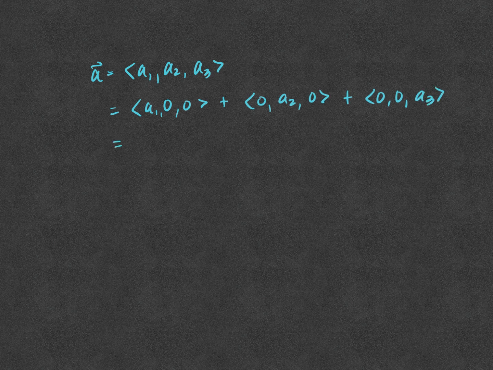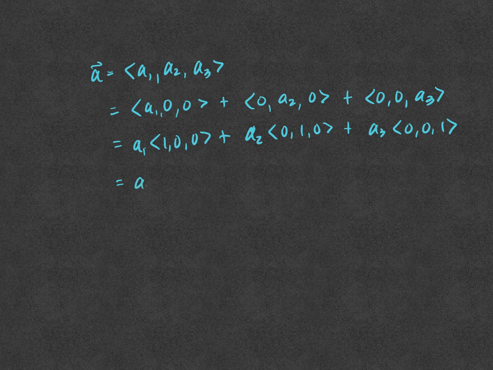And then if you think about it this way, this could be A1 times the vector 1, 0, 0, plus A2 times the vector 0, 1, 0, plus A3 times the vector 0, 0, 1. So then this would be A1 times i plus A2 times j plus A3 times k.